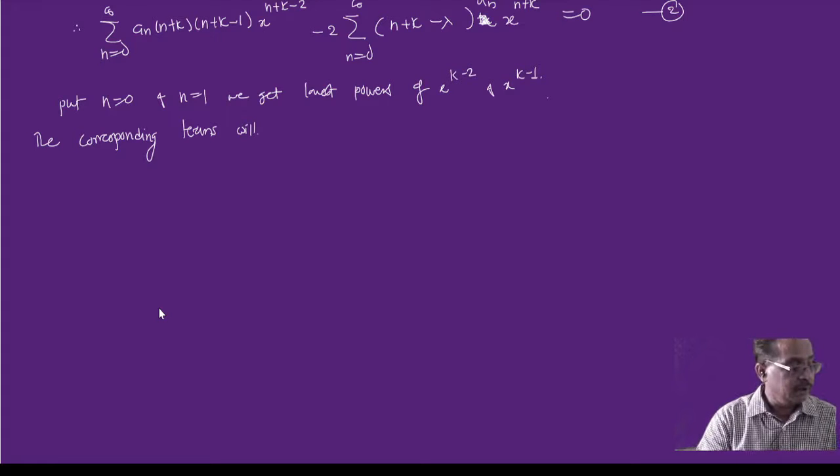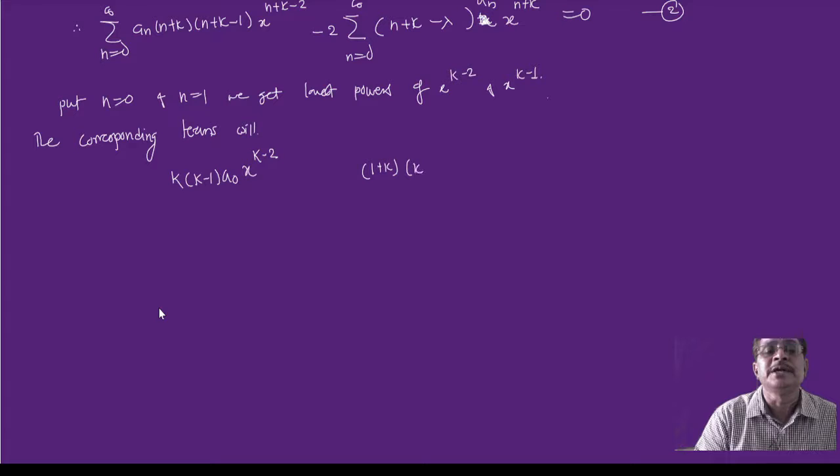The corresponding terms will be, now look at this. In the first case, when we put n equal to 0, this will be simply k into (k minus 1) into a0 multiplied by x raised to k minus 2. And when I put n equal to 1, then it will be 1 plus k, or k plus 1, this, and now this is 1 plus k minus 1.